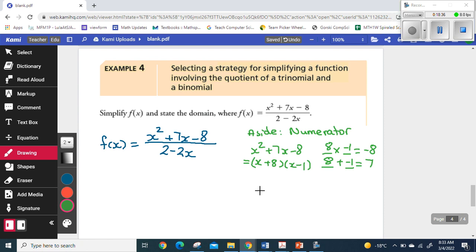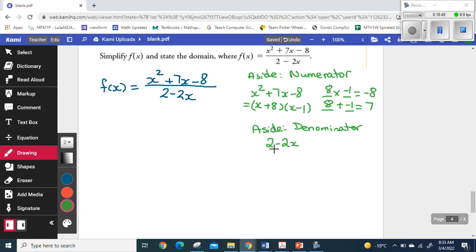Okay. How about my denominator? Let's look at it. So I have a 2 minus a 2x. Well, I've got a 2 common to both. That leaves me with a 1 minus an x. Now I'm probably going to want to cancel.